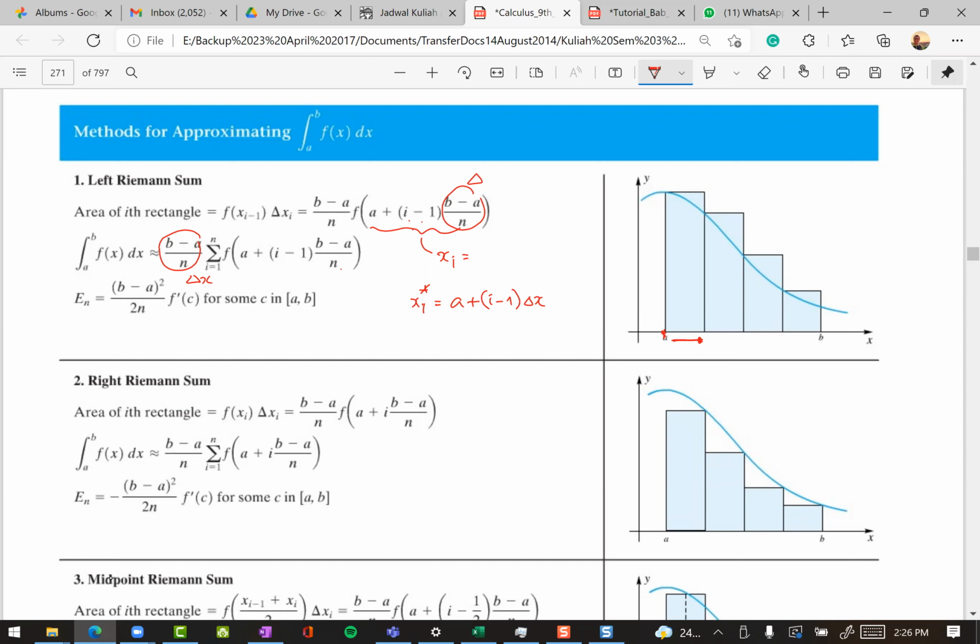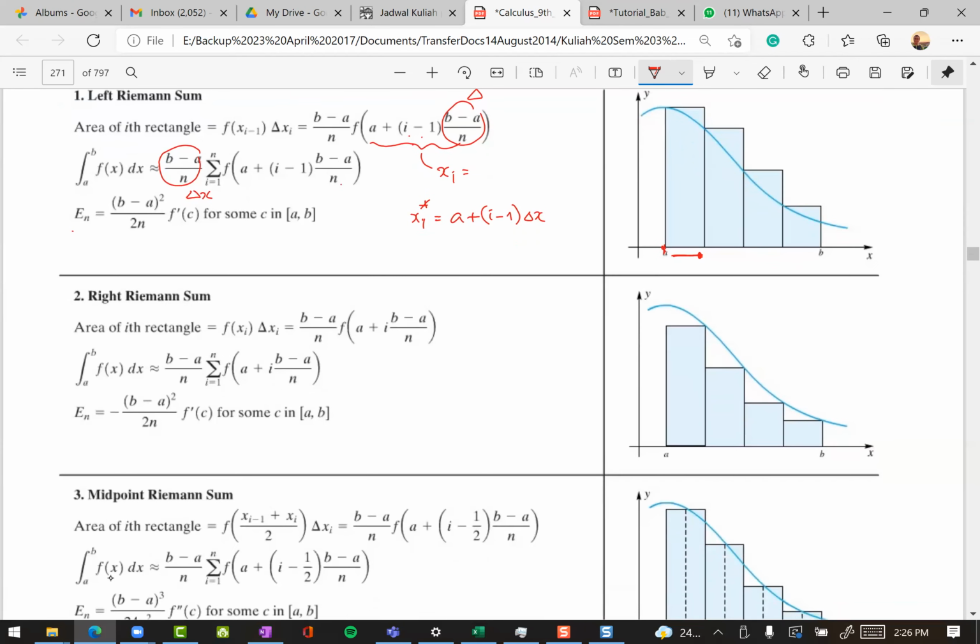Disregard for the moment what E_n is. That is the error. Okay, for the right Riemann sum, this is the representative. So this is a plus i times delta x. Okay, so delta x is just (b minus a) over n, times this.